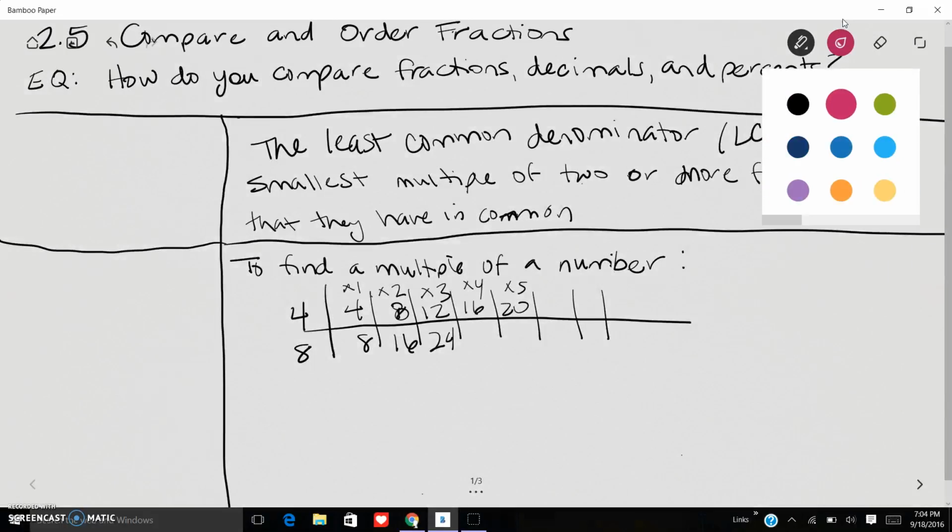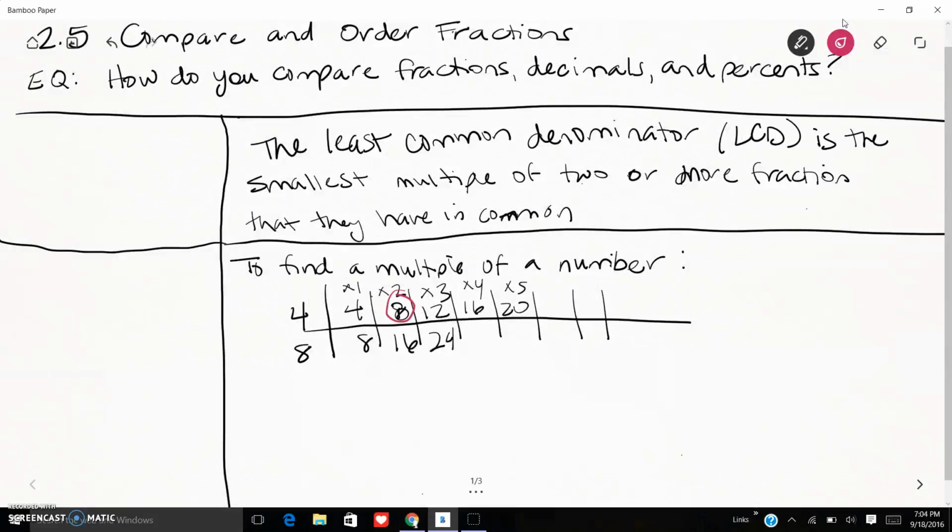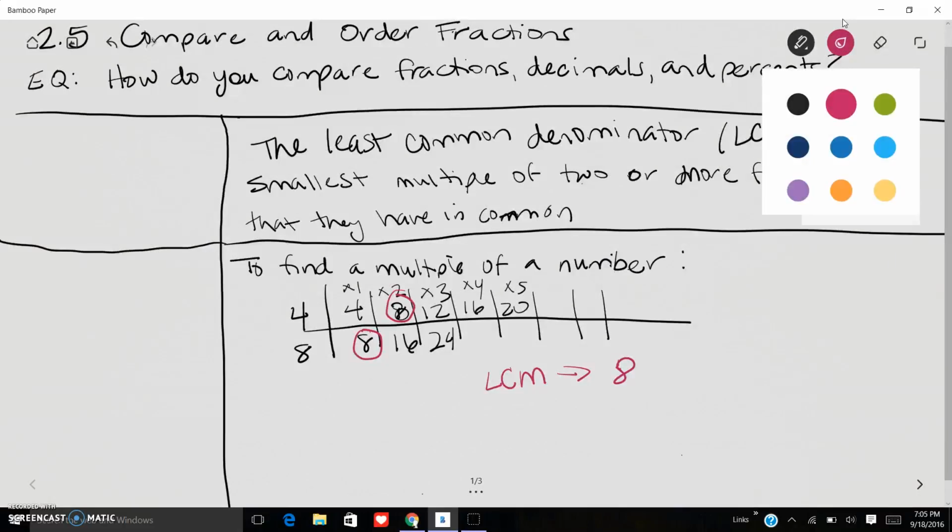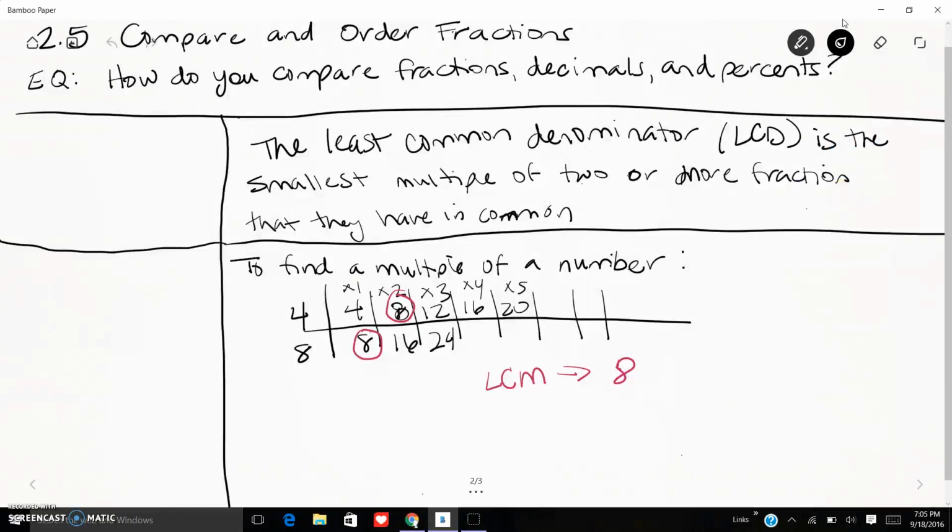Circle them. So 8 is a common multiple of 4 and 8. So that's going to be my LCD, my least common multiple is 8. All right, so that's how you find the multiple of a number. Now let's put that into play with fractions.